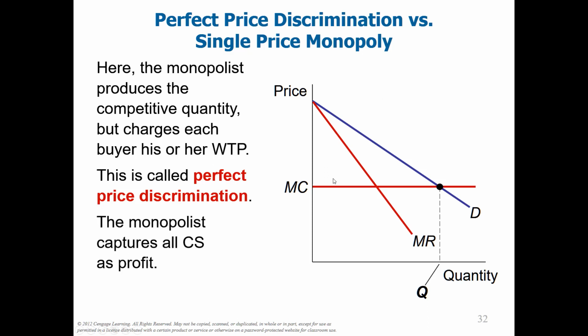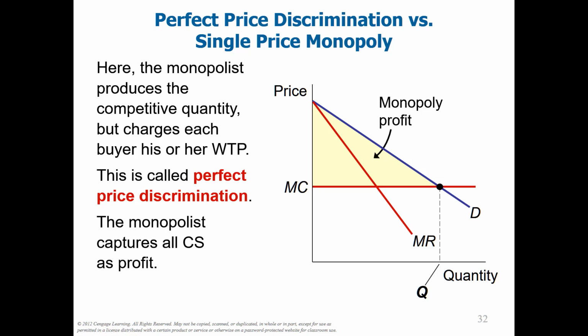So person 5 here is willing to pay up to that much. Assume the monopolist knows the demand curve and knows exactly how much the market is willing to pay for unit 5, for instance. So he charges exactly that amount.